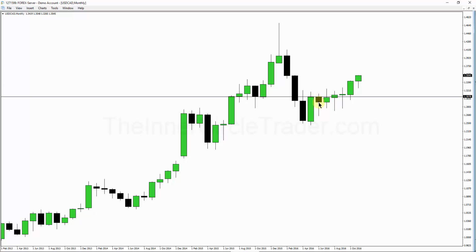Its high is 31.44. So we have to have an up close candle that has at least a low that's higher than 31.44. Obviously, it's right here. Just that quick, we've delineated a range on the monthly chart.